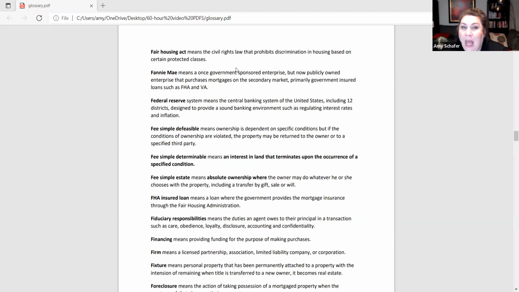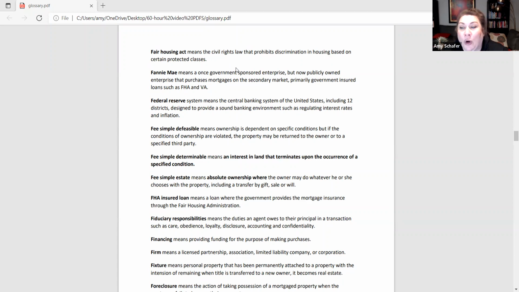Fannie Mae. This was created right after the Great Depression as part of the New Deal, in trying to get the economy back in gear after the Great Depression. It was originally a government-sponsored enterprise. It is now publicly traded, but what Fannie Mae does is they buy mortgages on the secondary mortgage market.